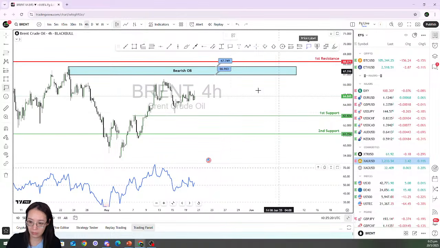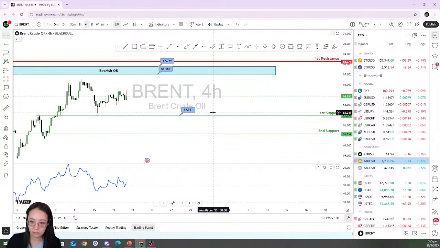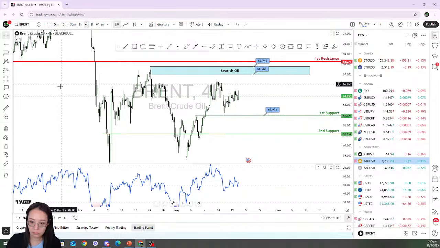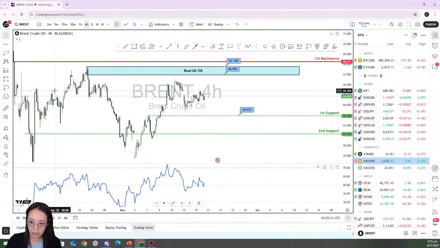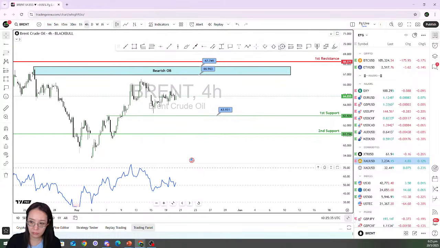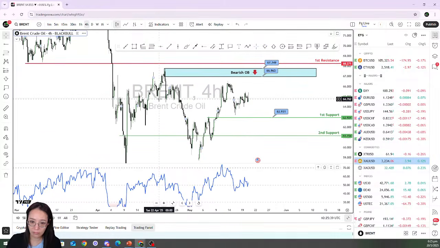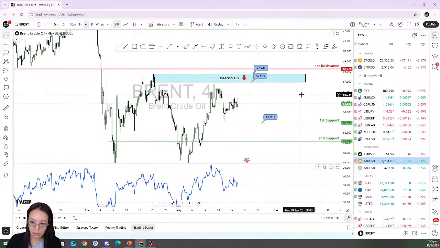You buy here around this level. I don't have a buy or sell right now, so I suggest you buy somewhere around this level. And another sell slightly above, which is this level.